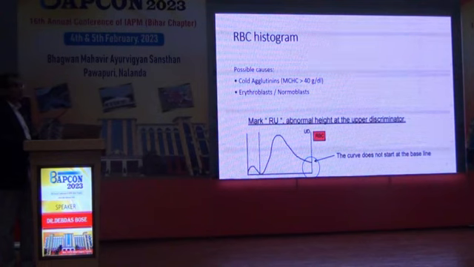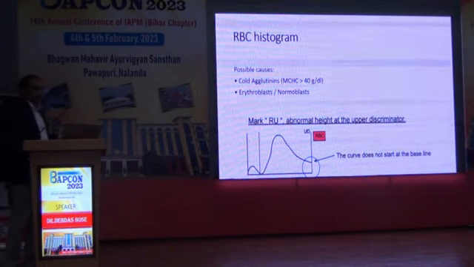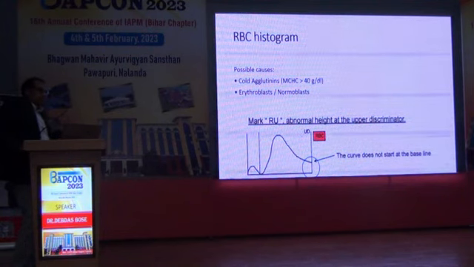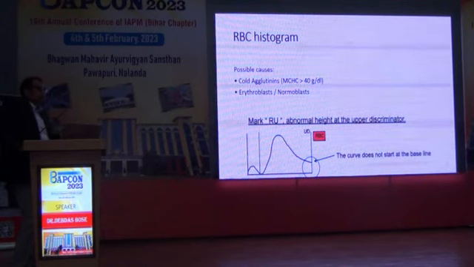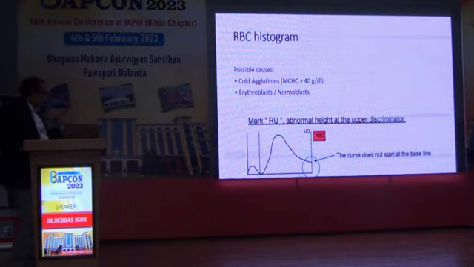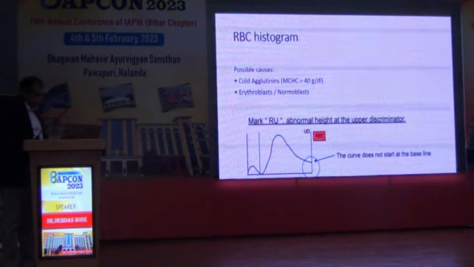Okay, and also with the presence of a much greater number of normoblasts, particularly in thalassemia. In transfusion dependent thalassemia, initially the patient not transfused comes to you with lots of normoblasts, usually 100, 200 per 100 WBC. This type of curve you may get.